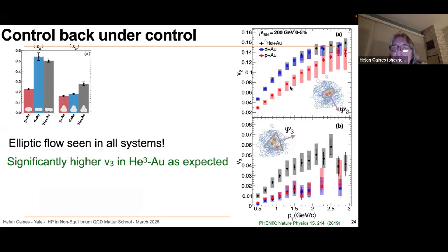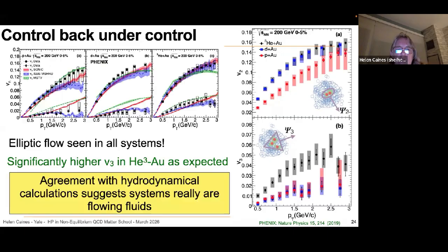In red, you see the p+gold, very small, hardly any v2, much smaller than in d+gold and helium-3+gold. Whereas for the triangular shape, you have a much larger signal in black for helium-3+gold, and a much smaller one for p+gold and d+gold. Here you see the plot on the right put back onto the left, compared to calculations that assume a hydrodynamical system, and there's beautiful agreement with the data.